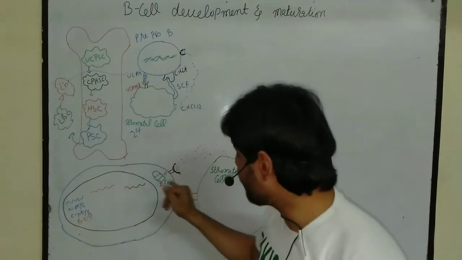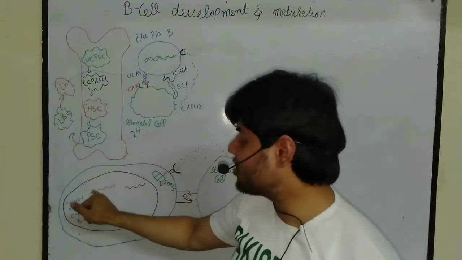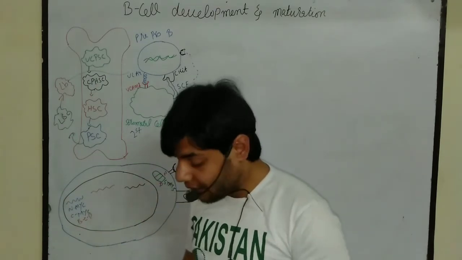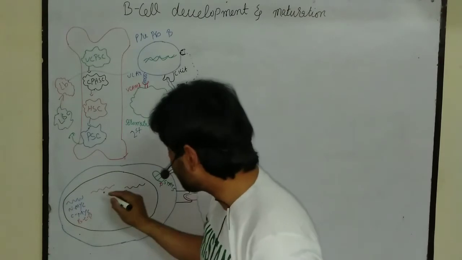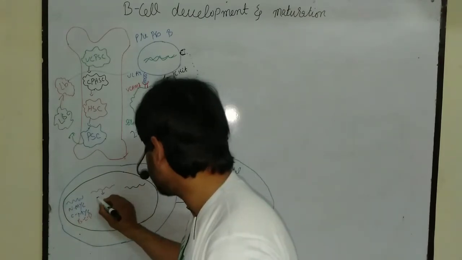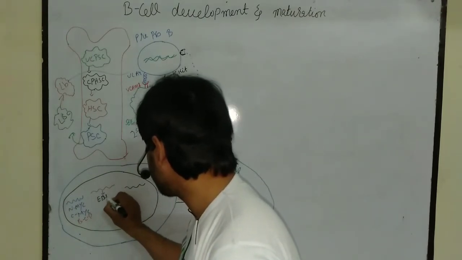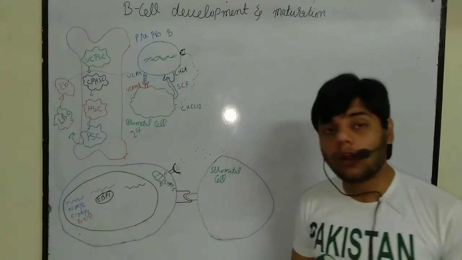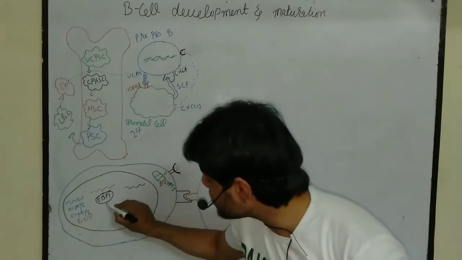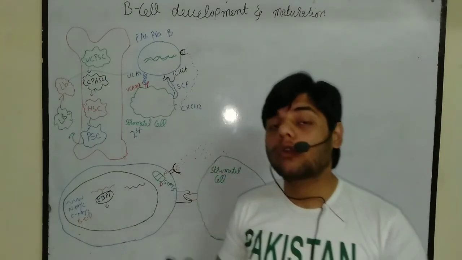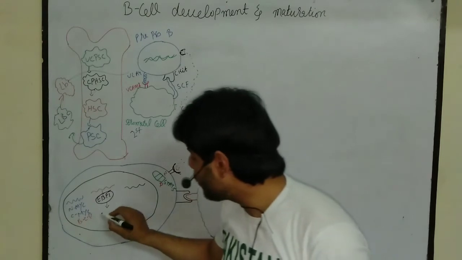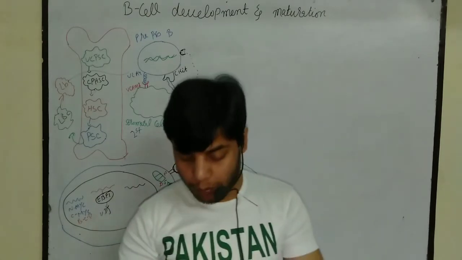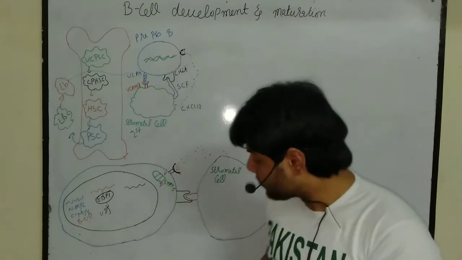After that, STAT5 will also bind to this second gene and transcribe and translate it, and they will make a product which we call the EBF1 product. This EBF1 product is specially responsible for bringing changes inside the VDJ recombination, or we can say heavy chain recombination of the antibody.